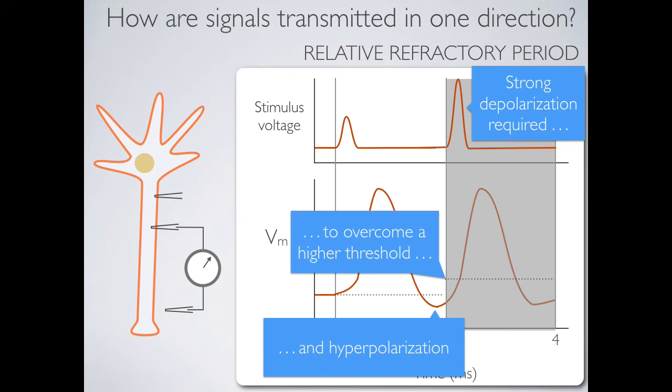Any questions about that? Yeah. Can we quantify how strong the stimulus needs to be? It's very well characterized and quantified, but we're not going to get into it. Yeah. Just to clarify, in the chart, are those spikes actual action potentials?